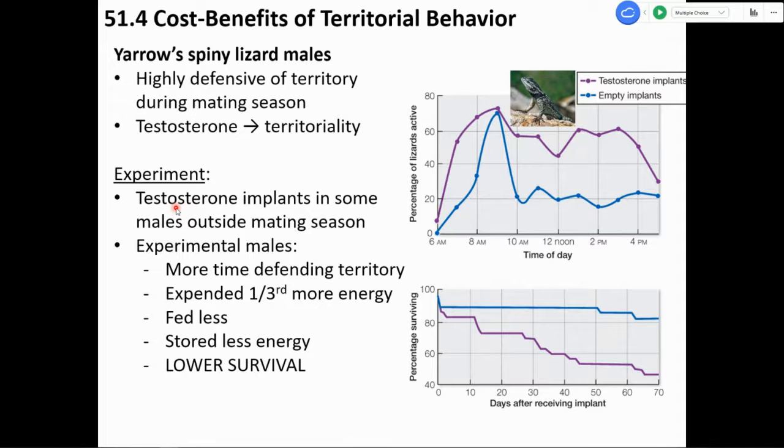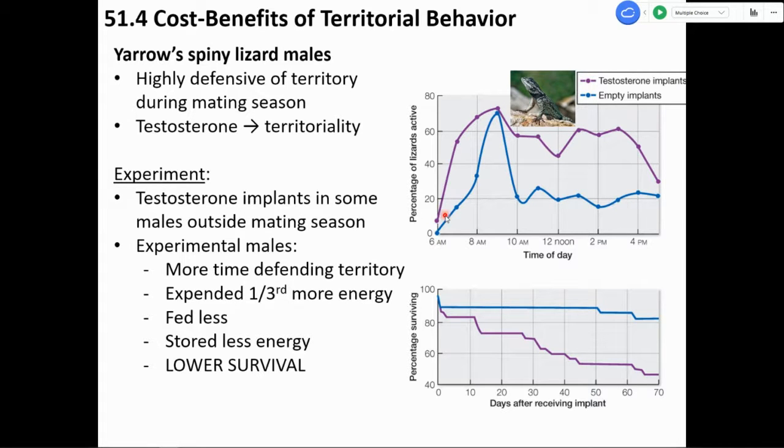What they found was, on this top graph, at certain times of the day, these lizards became active and started being territorial. In the control group, the blue ones, initially in the morning they were quite active, and then they drop off and are just ticking along.